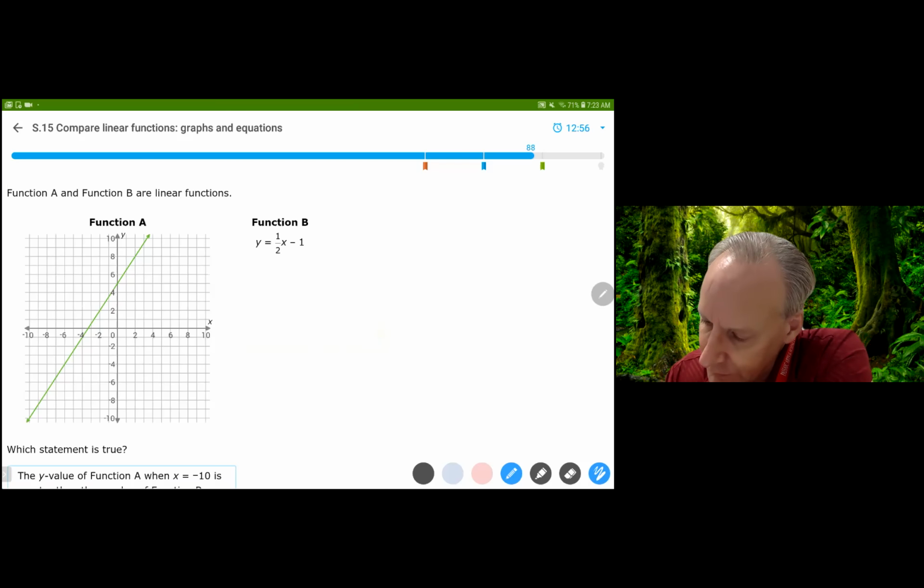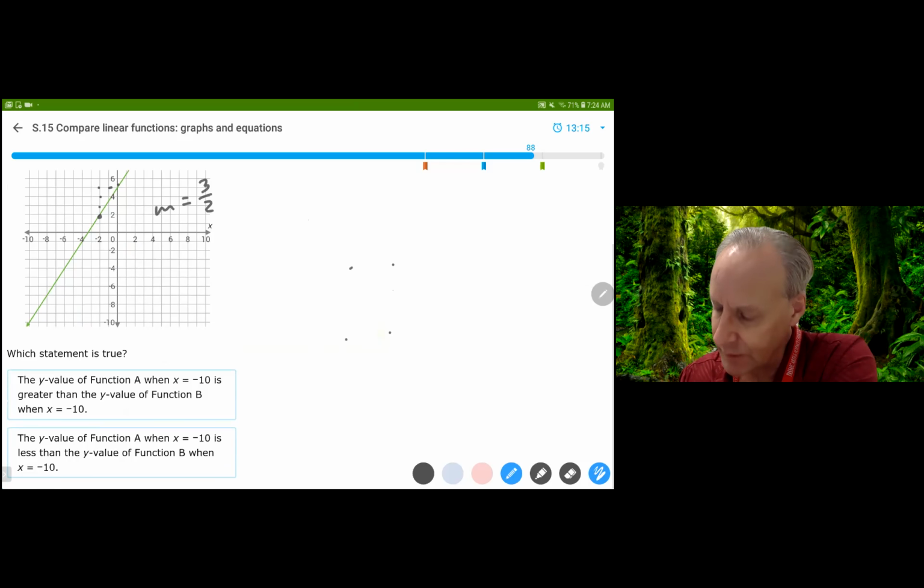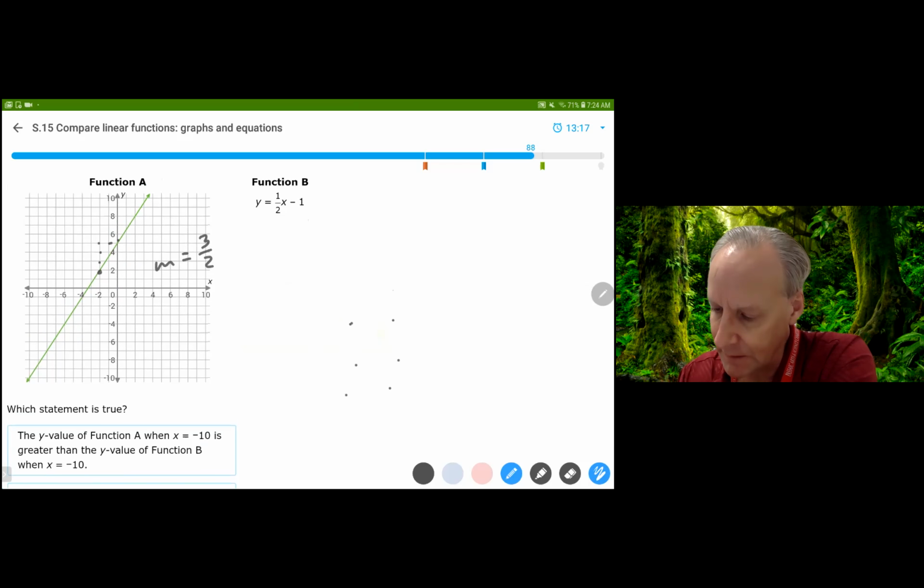Okay, now the slope goes through here, and we go up 1, 2, 3 over 2. So the slope is 3 over 2, which is much greater than half. So the slope is larger for function a, but they ask about -10. Well, -10 has the value -10 for function a.